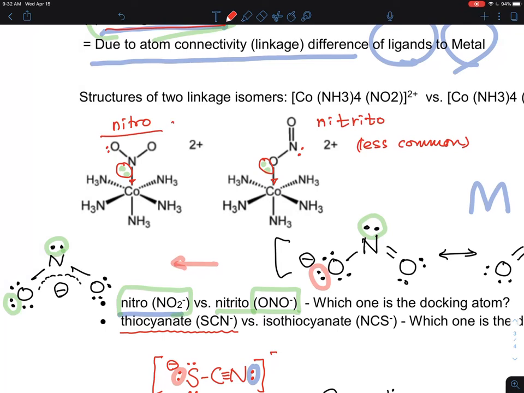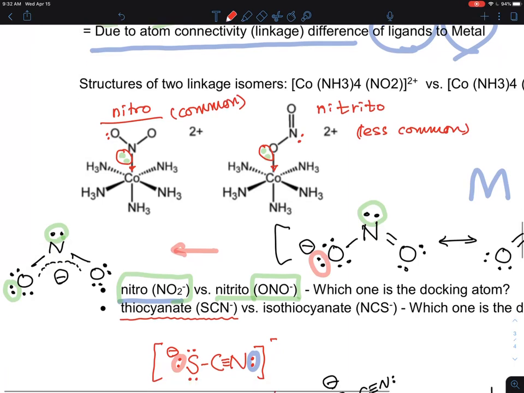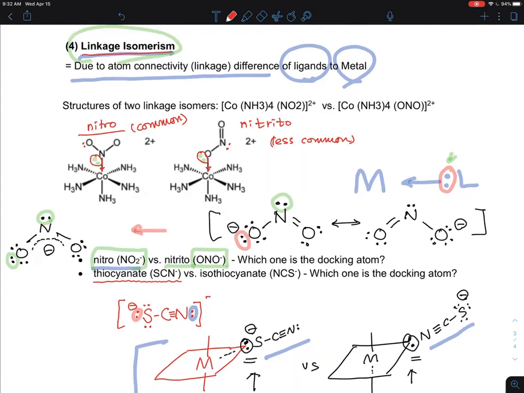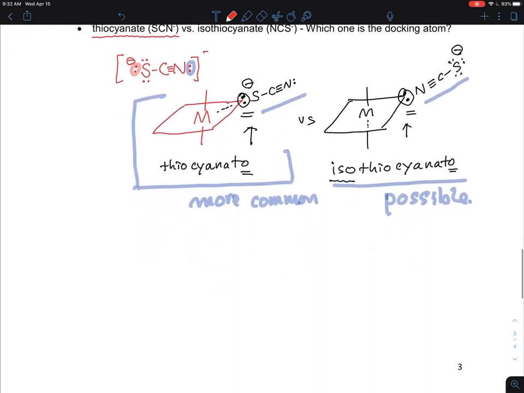Nitro is more common. I think I mentioned in my Chem 1 class, have you guys heard about TNT, right? Trinitrotoluene. That's where the name comes from. Nitro is the more common functional group name.